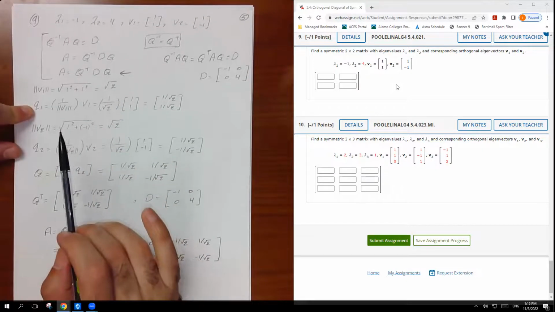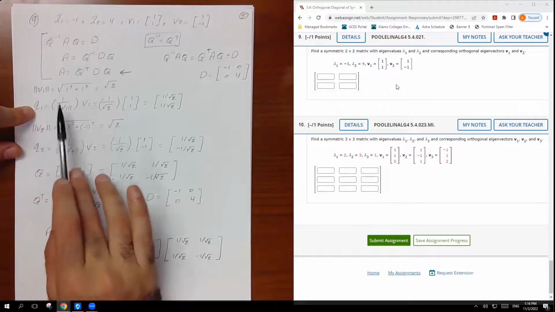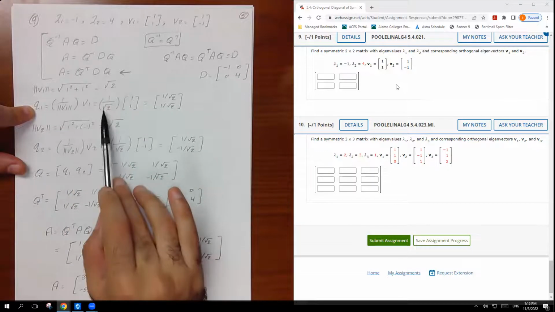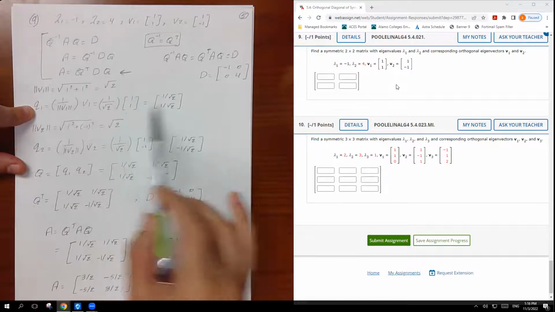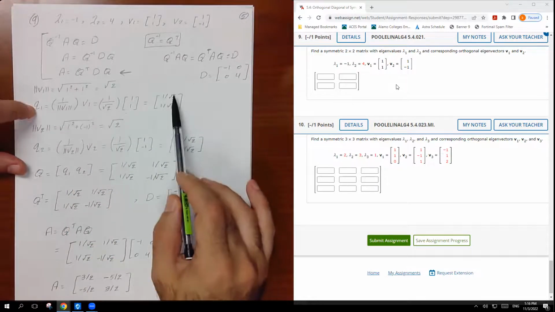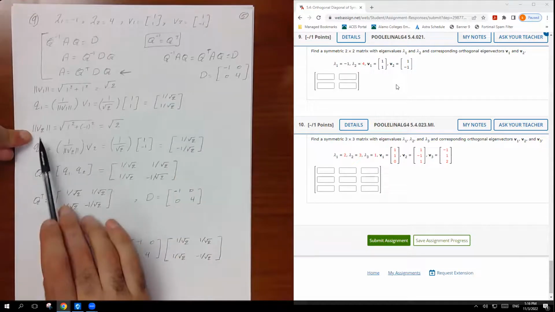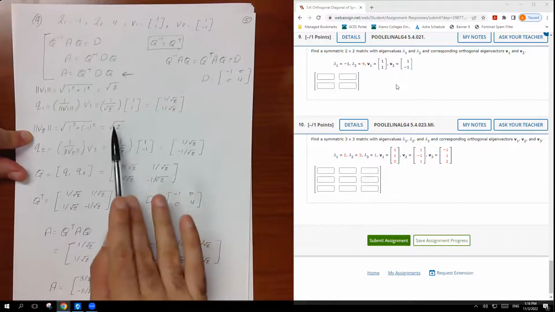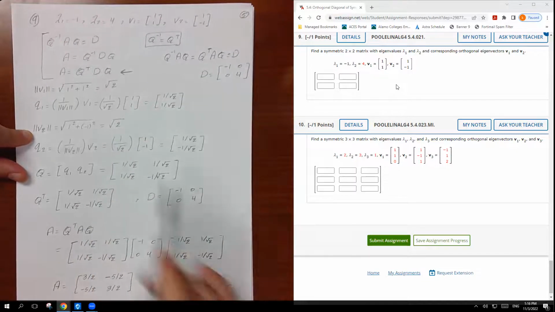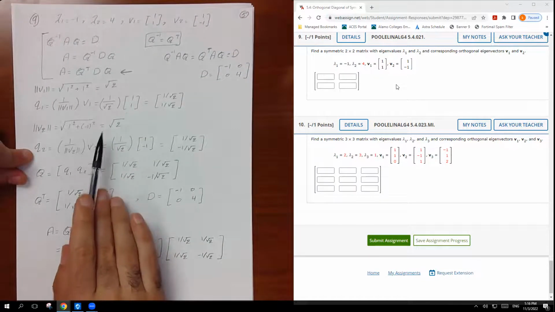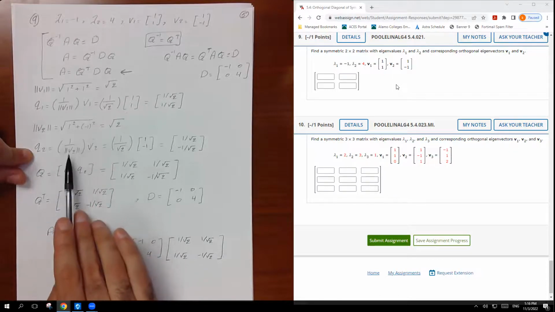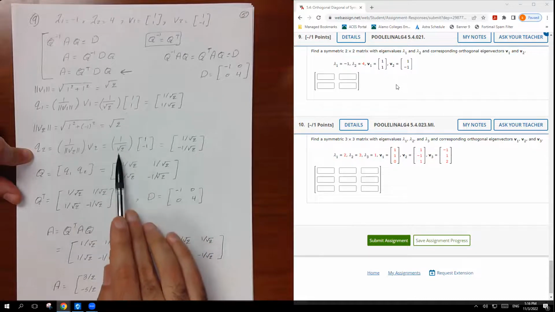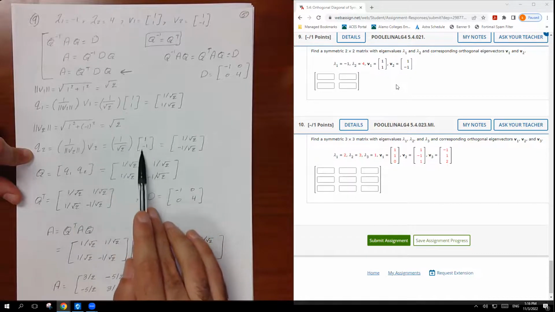Normalize v1, we're going to get Q1, 1 over the length of v1 times v1, equal 1 over square root of 2 times 1, 1. So here is Q1. The same thing with v2: 1 squared plus negative 1 squared, which is equal to square root of 2. Now Q2 is going to be 1 over the length of v2 times v2, which is 1 over square root of 2 times 1, negative 1.